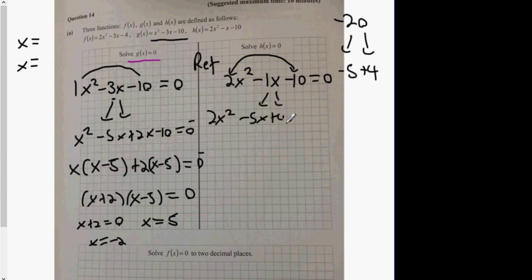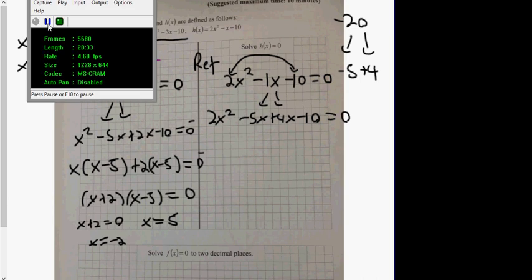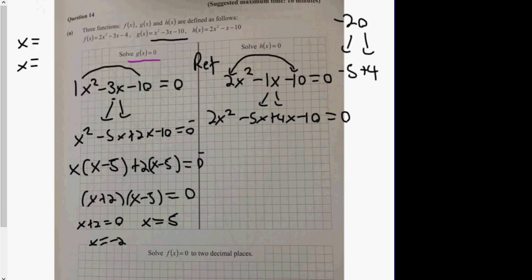Now, 2x, so we take out what's in common. What can we take out of the first two? Anybody? x into 2x minus 5.